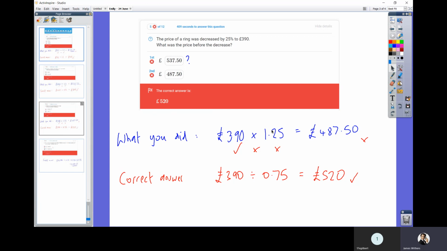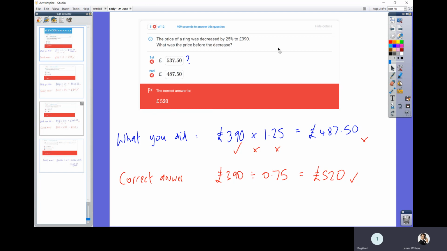And then step 2, you've got to say to yourself, do I need to work out the final price, in which case you would multiply, or do I need to work out the original price, in which case I have to divide? And all of these questions on this Hegarty task, Emily, you always are dividing. So in a way, you don't have to worry about it. All of these just do divide, divide, divide, divide, divide.